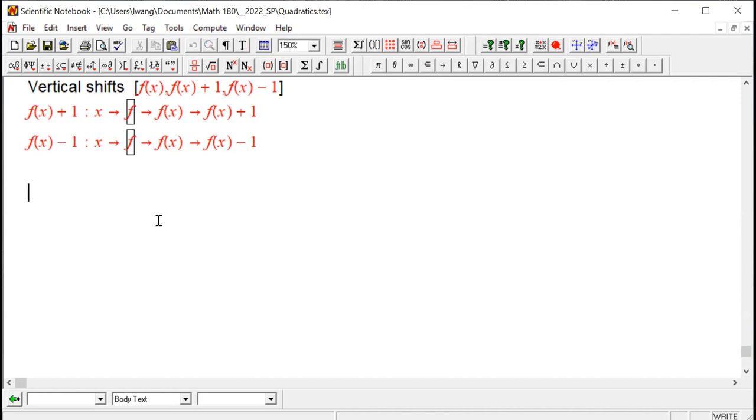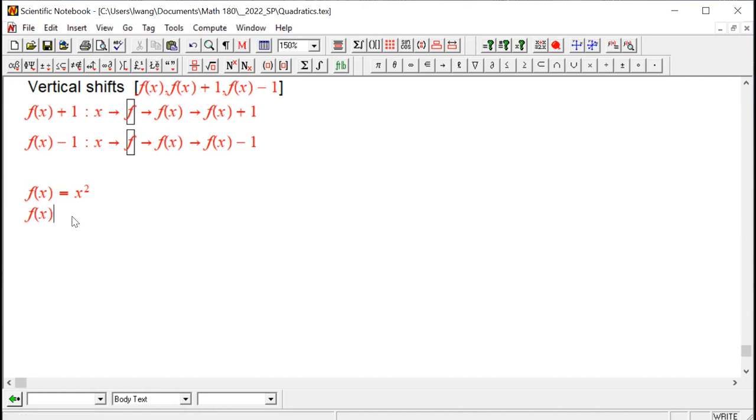But how about when the adding 1 or subtracting 1 is on the input? In other words, look at this example. Suppose I have a function f of x equals x squared. So I'm going to do a new function.